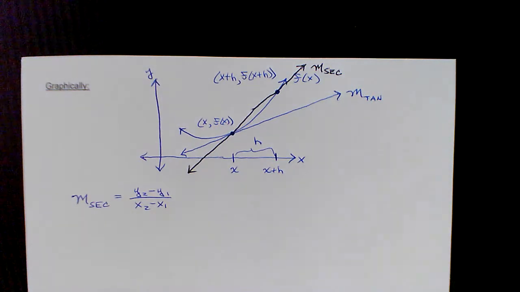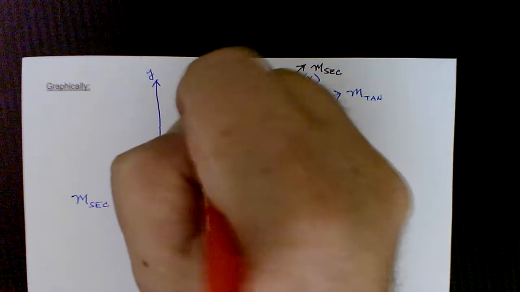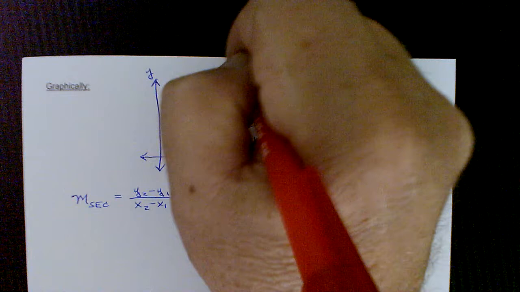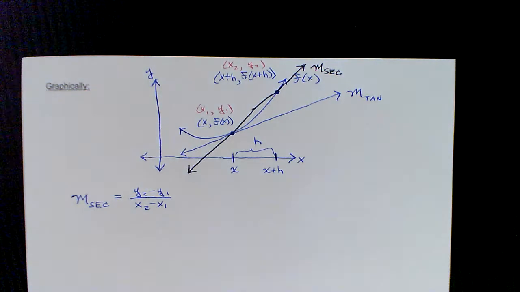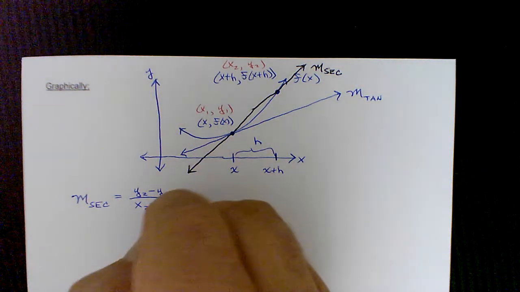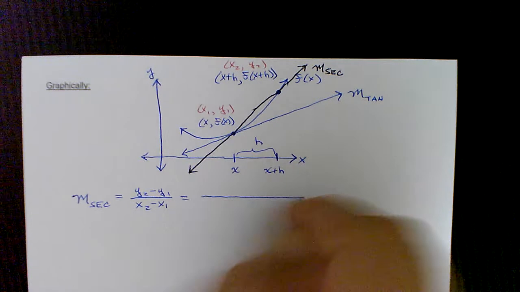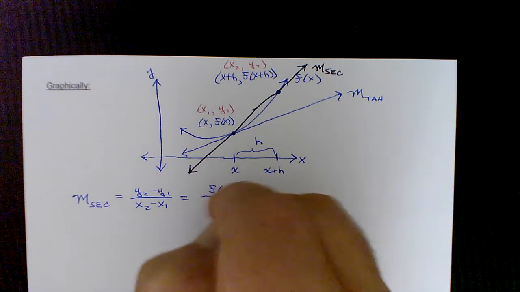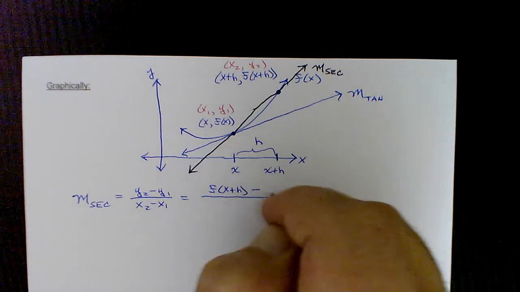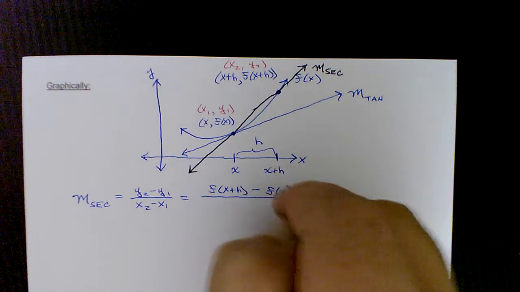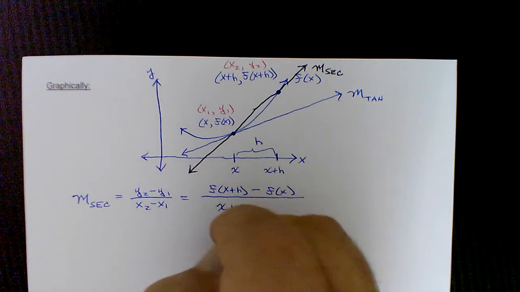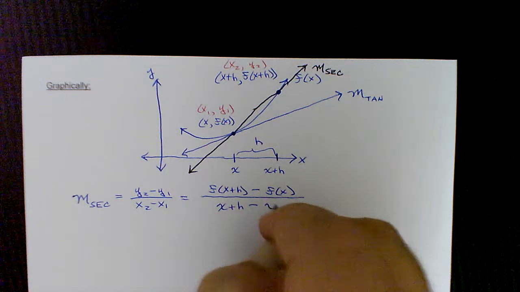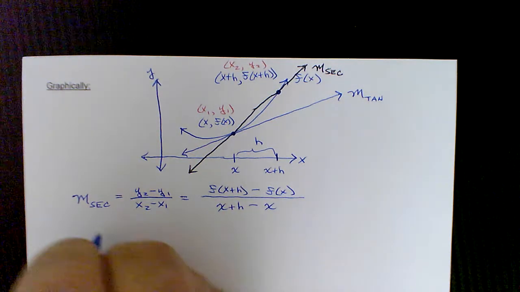If we label these coordinates, let's say this one is x1, y1, and this point as x2, y2, then substituting, we have y2, f of x plus h, minus y1, f of x, all over x2, x plus h, minus x1, which is x.